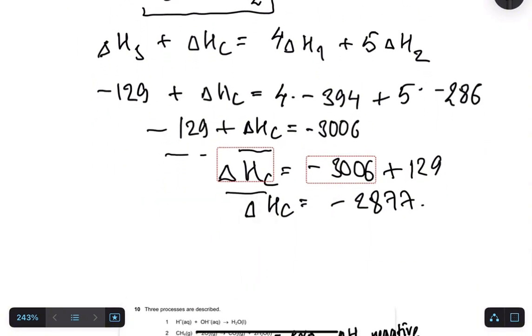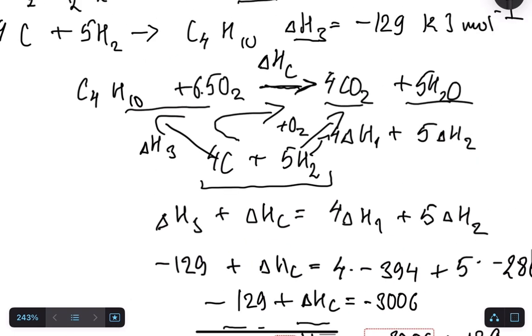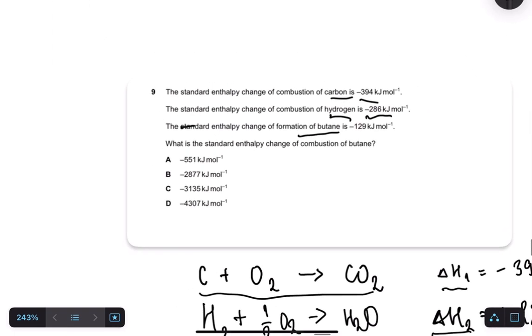So combustion of butane is minus 2877. Therefore, our answer would be B.